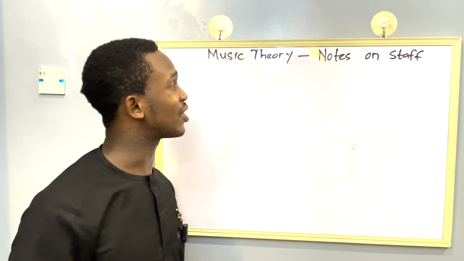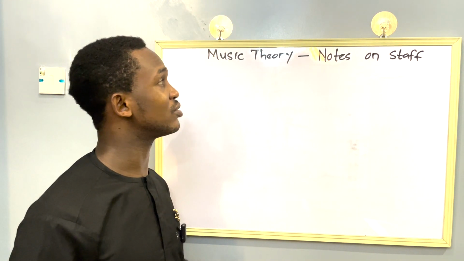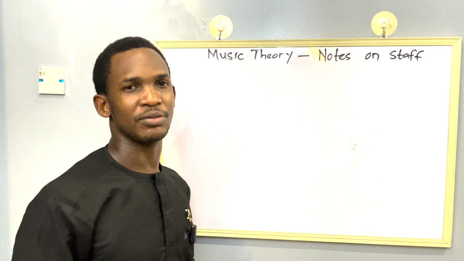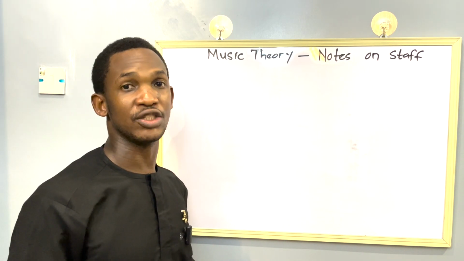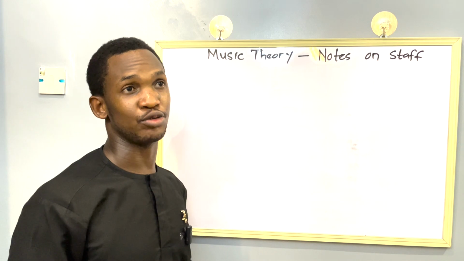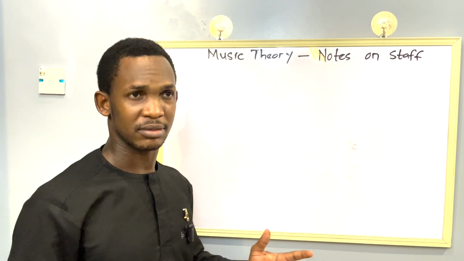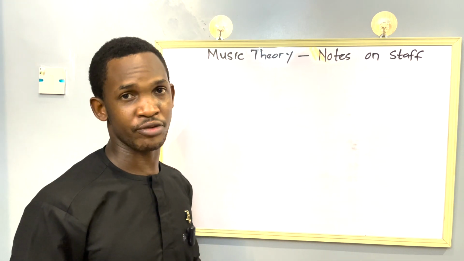Now today we are going to be talking and discussing the concept called notes on staffs. In this class I'm going to be telling you how to represent notes on a staff, how to put stems on your notes, and a concept called the third line rule.